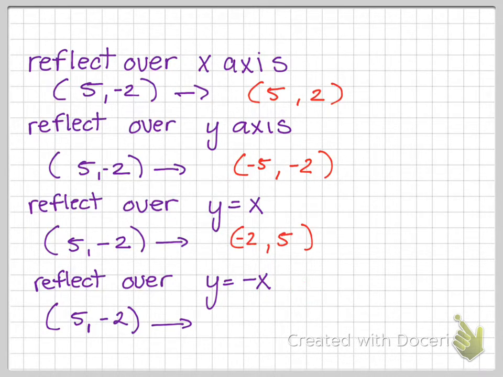And lastly, that last crazy one that we did, reflecting over y equals negative x, not only does it flip-flop them, and let's just do that, flip-flops them, but it also, what? Exactly, it changes their signs. So if it was a negative 2, it's a positive 2. If it was a positive 5, it's a negative 5. And that is what those would look like.